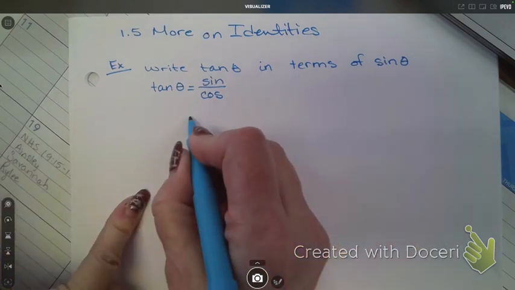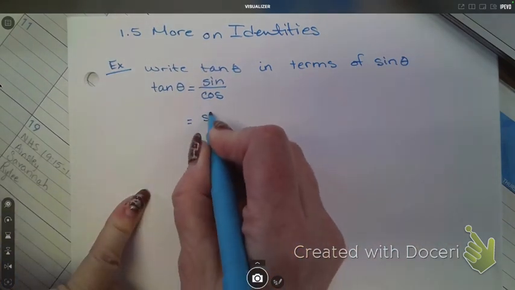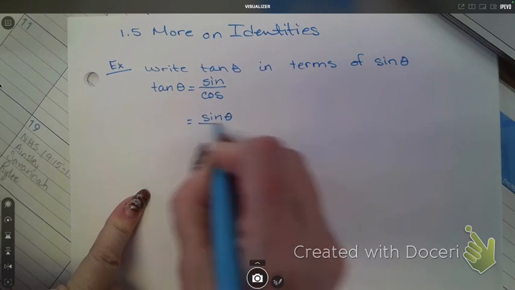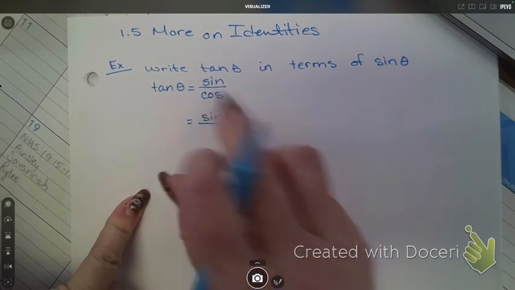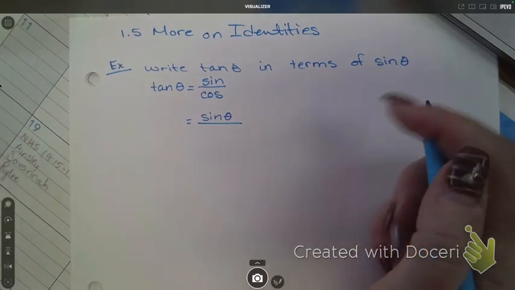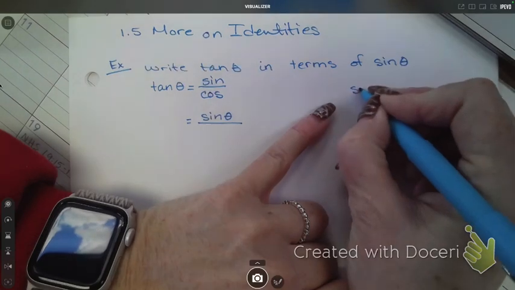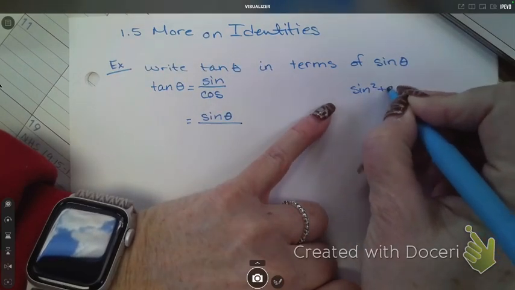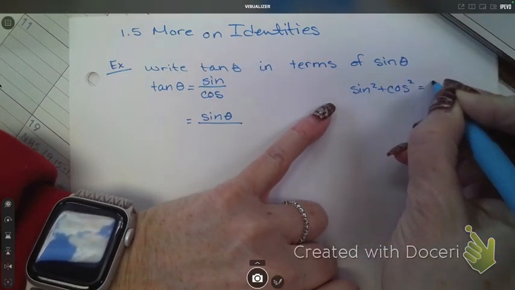Sine. Do I have anything that allows me to write cosine in terms of sine? What function has sine and cosine only in it? Pythagorean. So we have sine squared plus cosine squared. This is my off to the side thought, right?